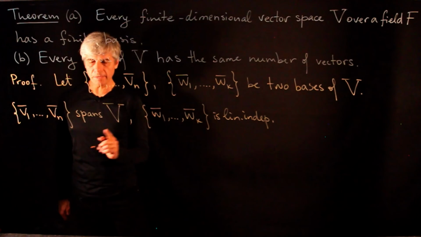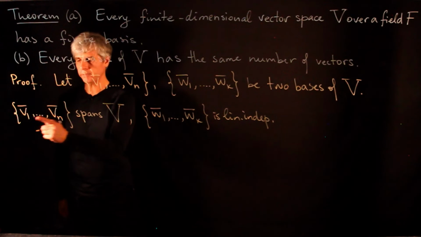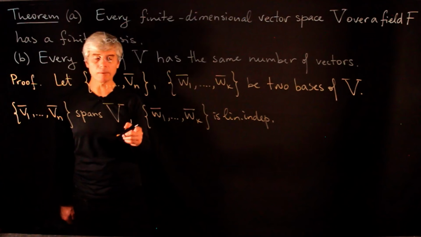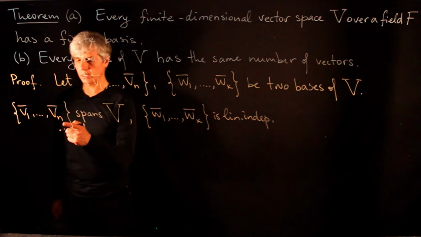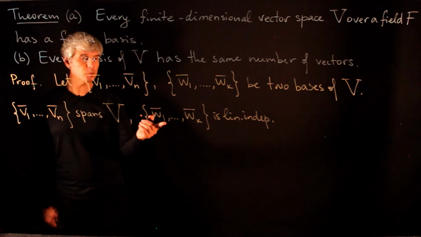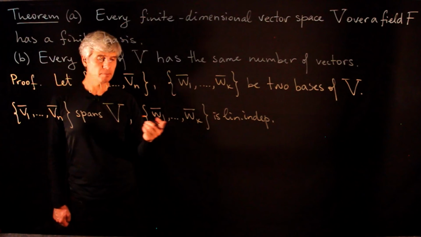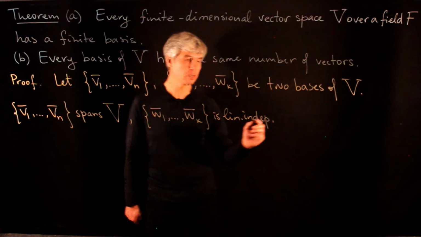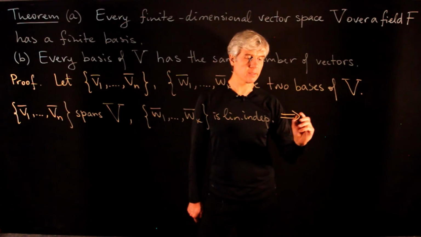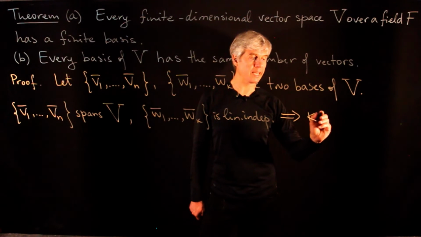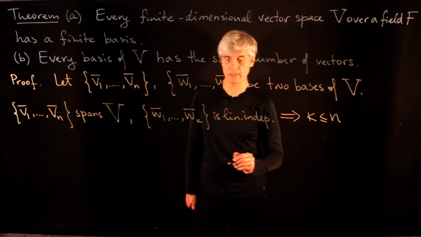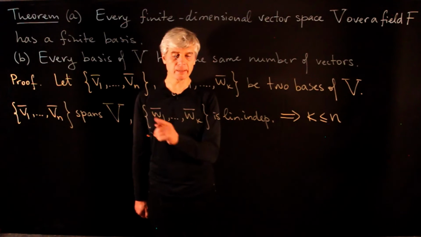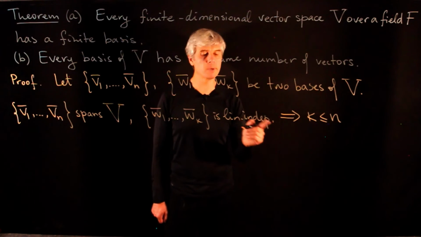Now, we proved the theorem that says that if we have a set of n vectors that spans a vector space, and if we take more vectors than n, then that would be linearly dependent. But here, the set w1 through wk is linearly independent. So this tells us that k cannot exceed n. So k is less or equal to n. Right? Because if k were greater than n, then automatically this set would be linearly dependent.